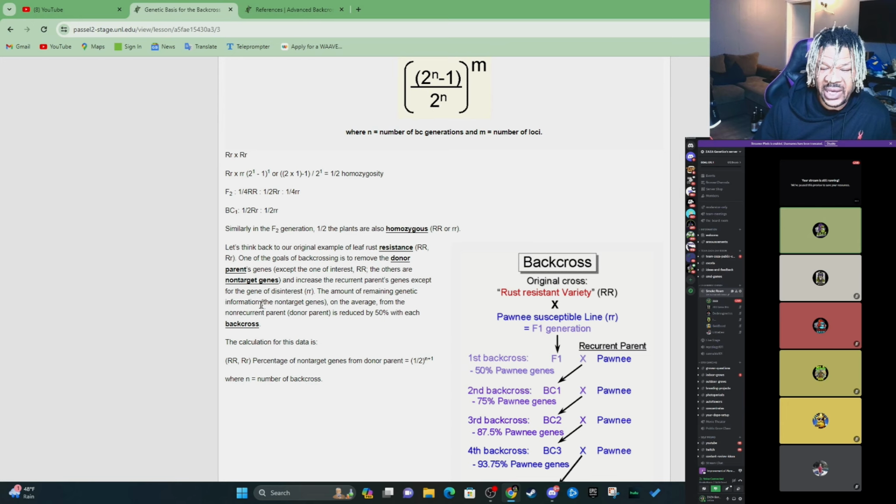The amount of remaining genetic information, or non-target genes, on average from the donor parent is reduced by 50% with each backcross. Meaning non-target genes.